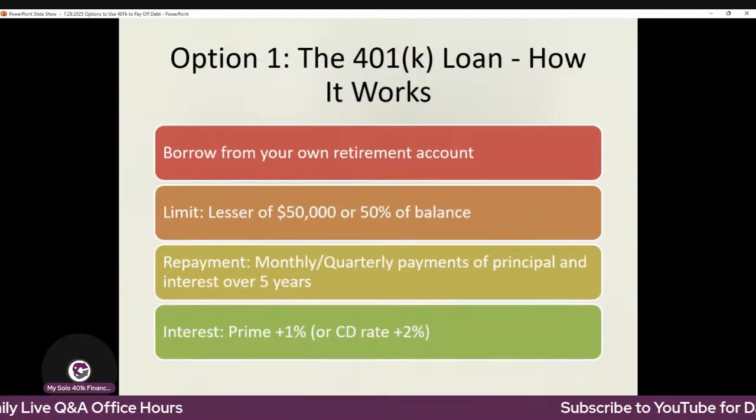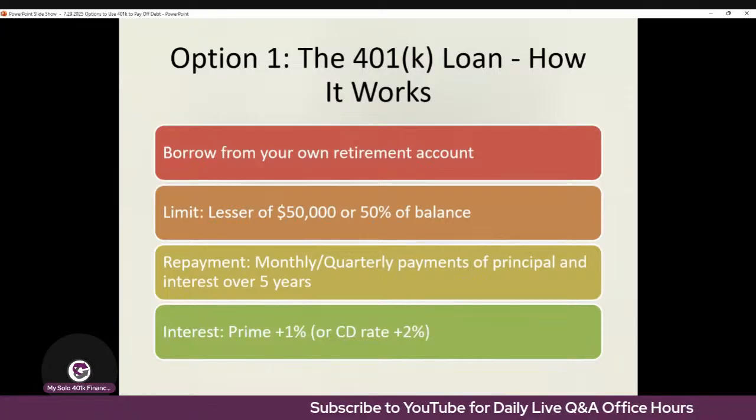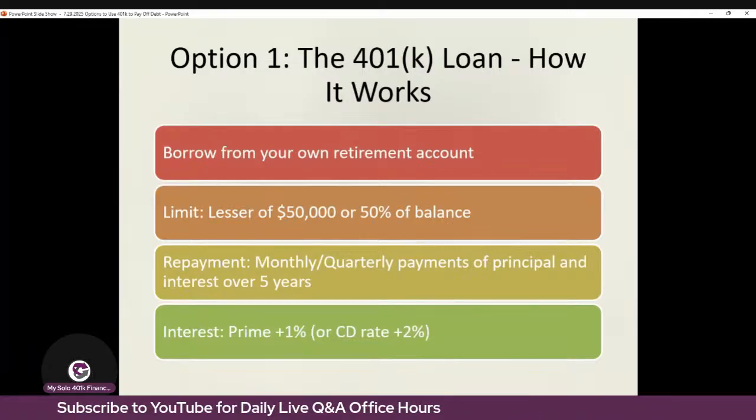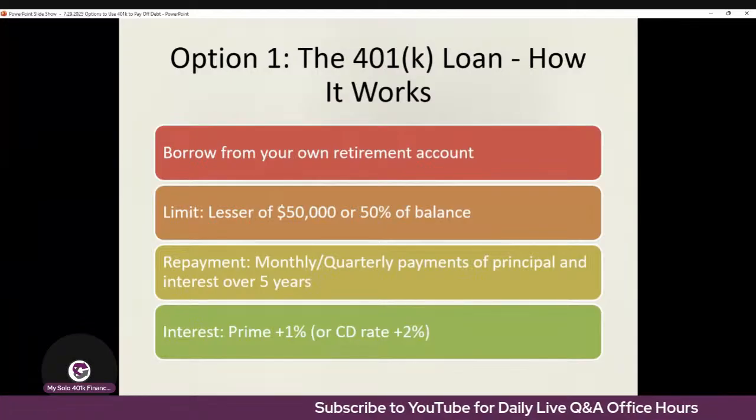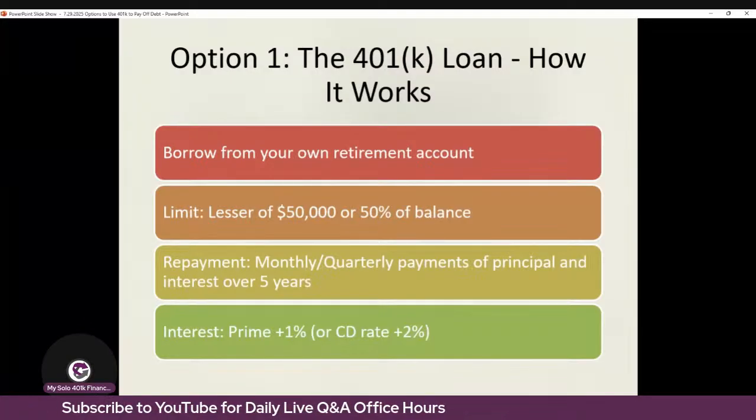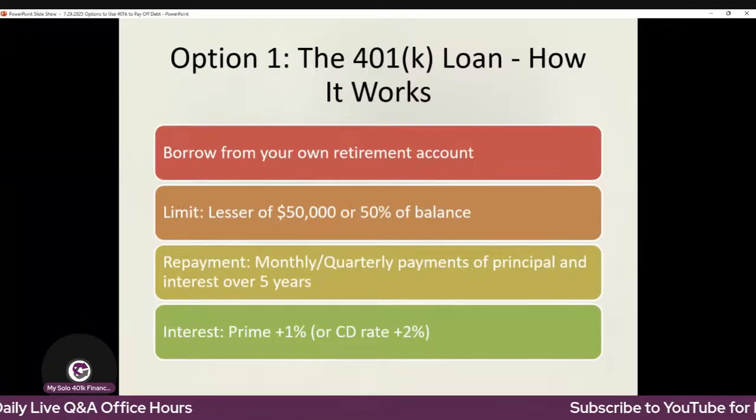So how does the 401k loan work? Well, as I mentioned, you're literally borrowing from your own retirement account. You're withdrawing money from your 401k. But if it's structured as a loan, it's documented as a loan, it's within the loan terms, and it's paid back according to those terms, that withdrawal is not going to be subject to taxes or penalties. So what are those terms?